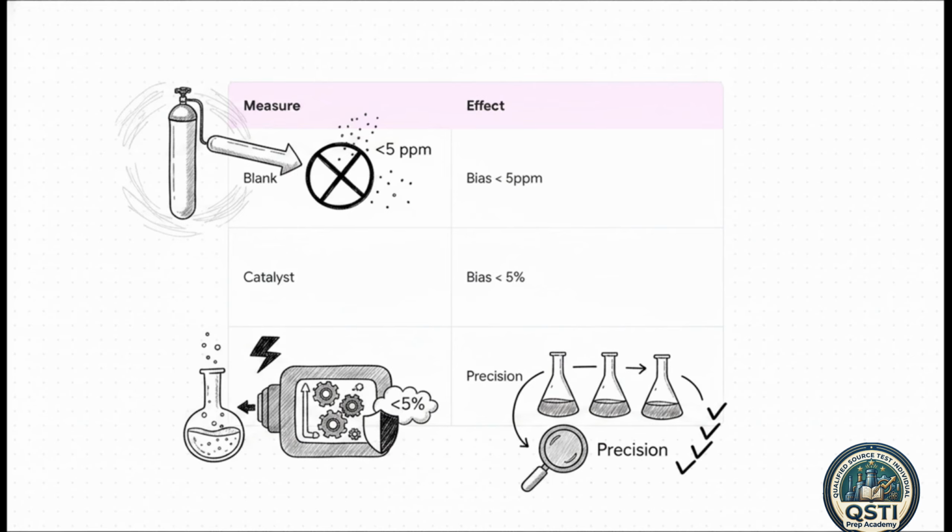We also run a reduction catalyst efficiency check to make sure that chemical magic trick we just talked about is actually working perfectly, keeping any negative bias under 5%. And to top the whole thing off, we never just test a sample once. We run all samples in triplicate, that's 3 separate injections, to absolutely guarantee the precision of our analytical results.